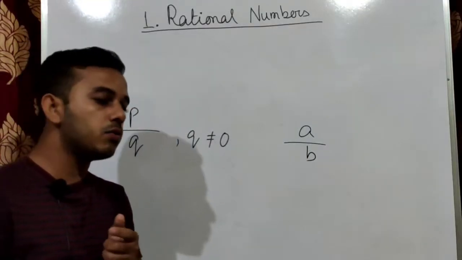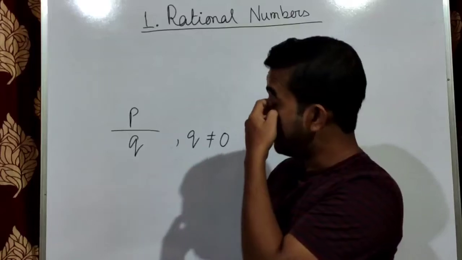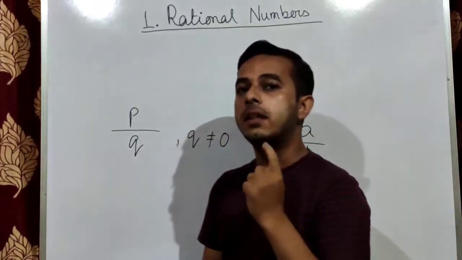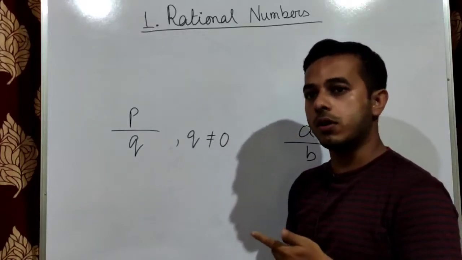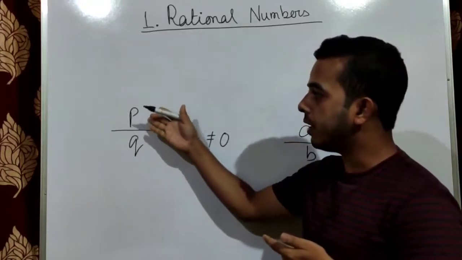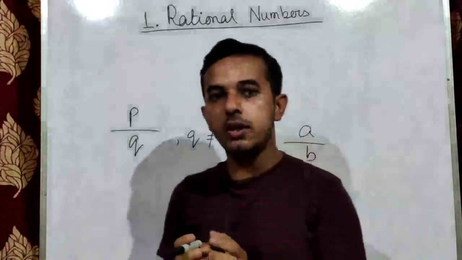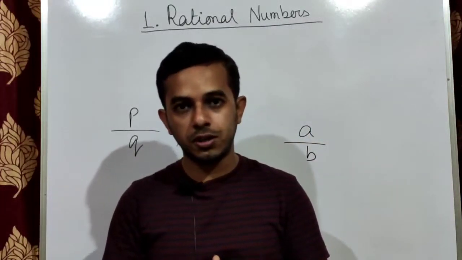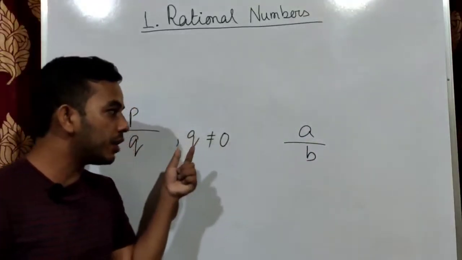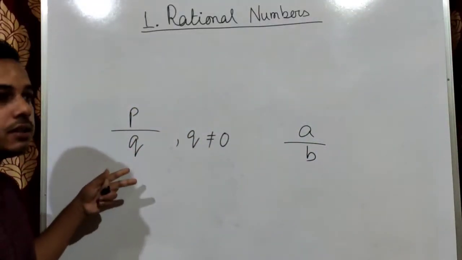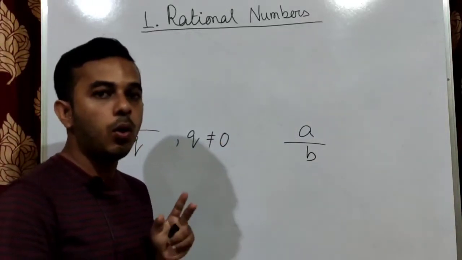Now what is the main difference between a fraction and a rational number? In the rational number, there may be any numbers, either positive or negative. That is, in the rational number there will be integers. If we add all the negative numbers as well as positive numbers, it forms integers. So in the rational number there will be integers, but in fraction there will be only whole numbers.